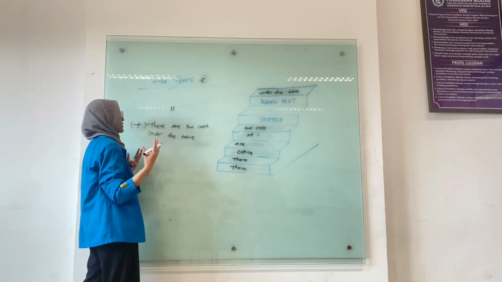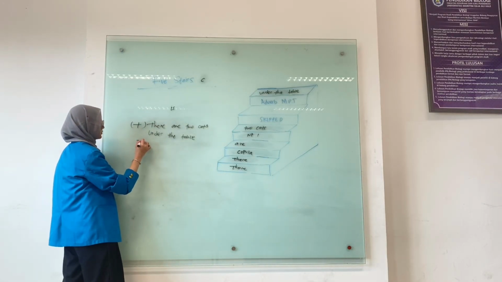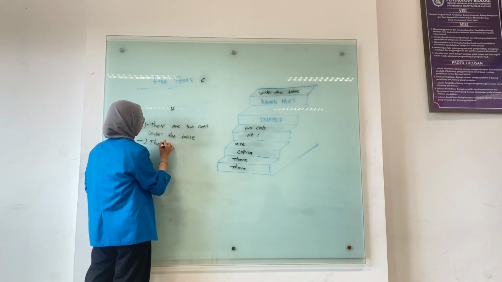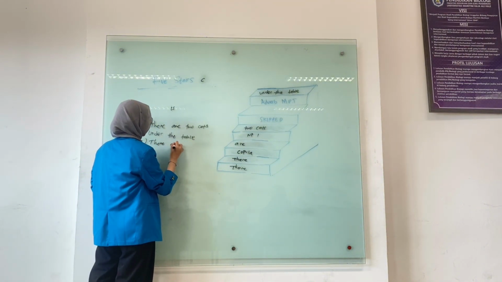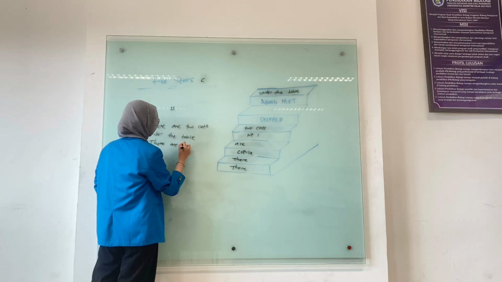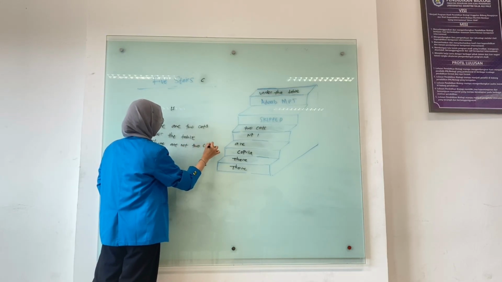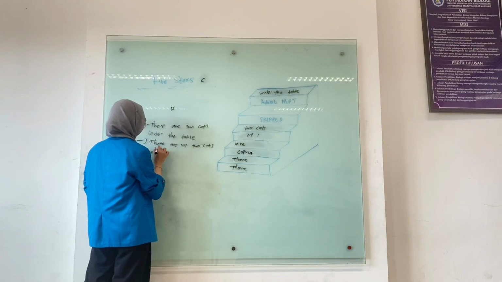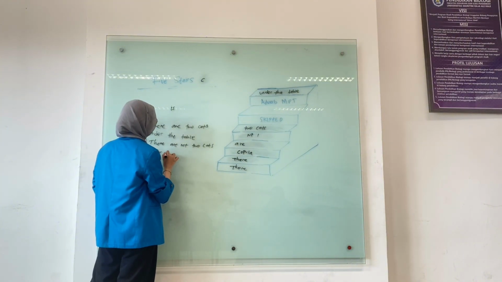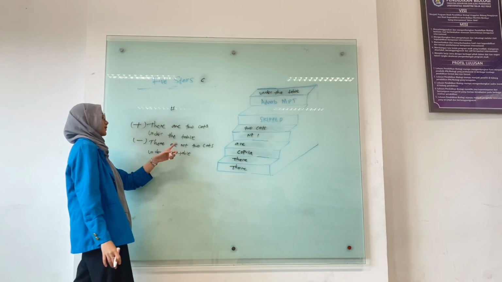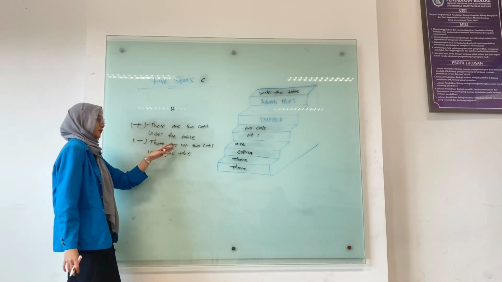And when you want to construct a negative form, we just have to add not after the copula.